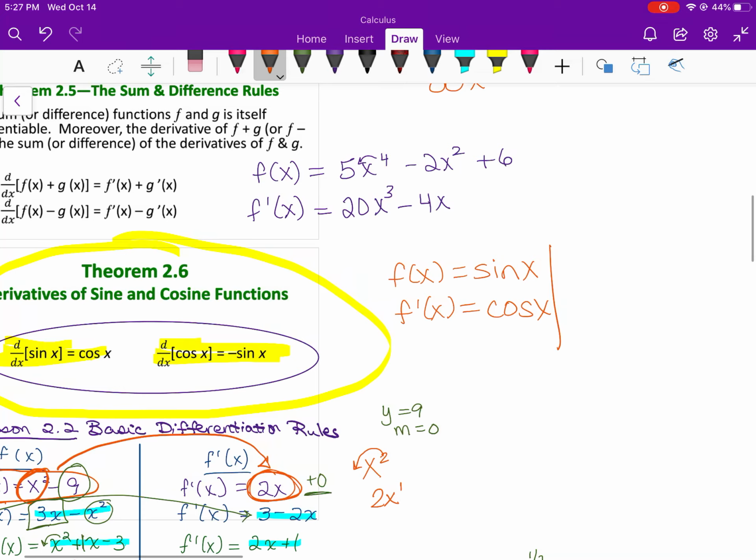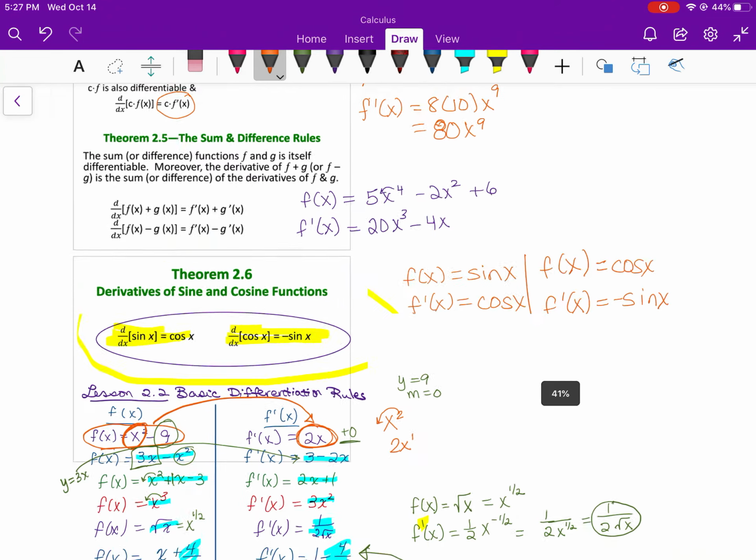And you need to memorize when f of x is cosine x, f prime of x is negative sine x. (Sorry, not f inverse, we're doing inverses in pre-calc.) Okay.